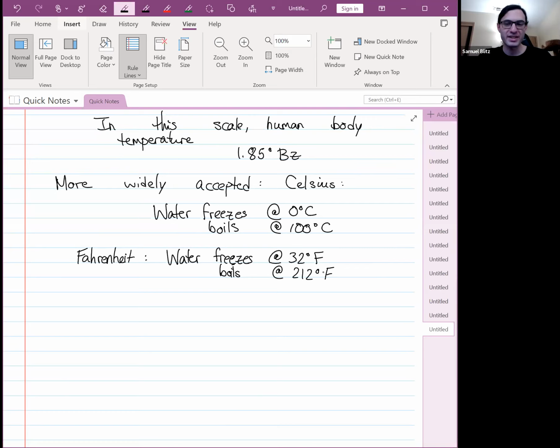And the reason why it has the scale that it does is not that 32 degrees is so arbitrary for water freezing and 212 degrees is so arbitrary for water boiling. That wasn't the reason they chose that scale. They chose the scale because they said, well, 0 degrees is about the coldest that it ever gets where humans live, and 100 degrees is about the hottest that it ever gets where humans live.